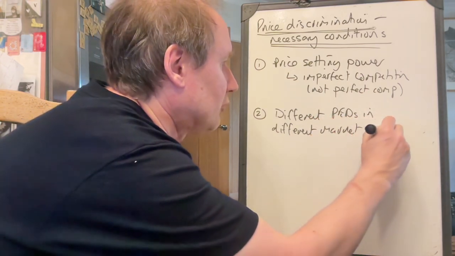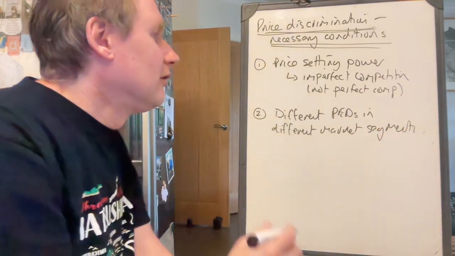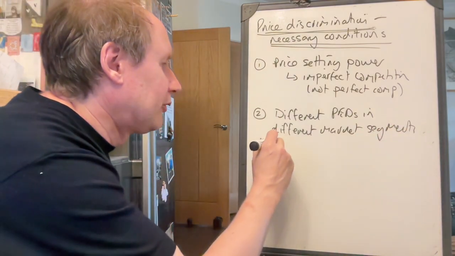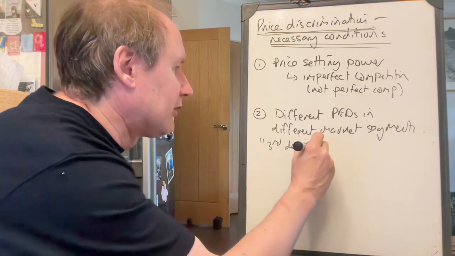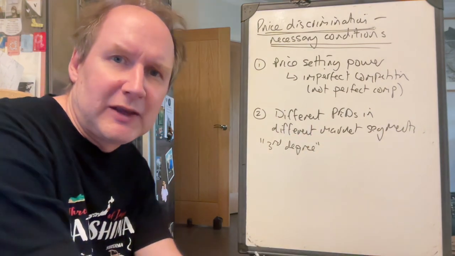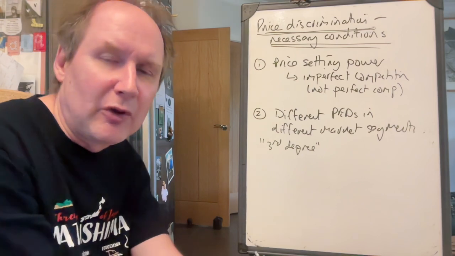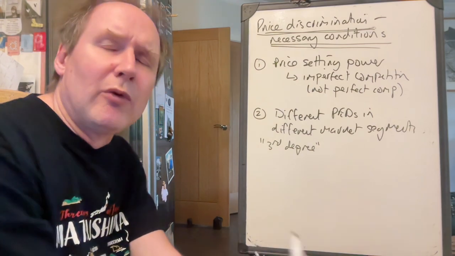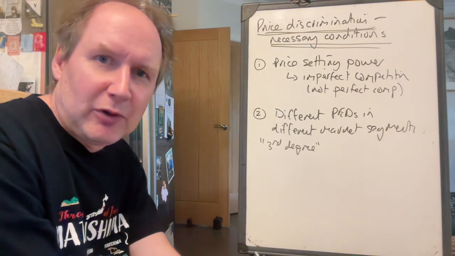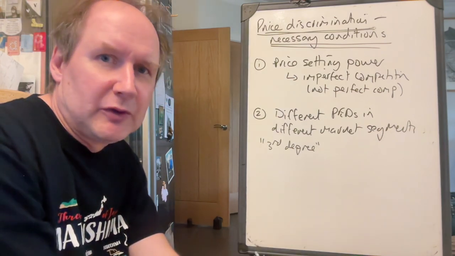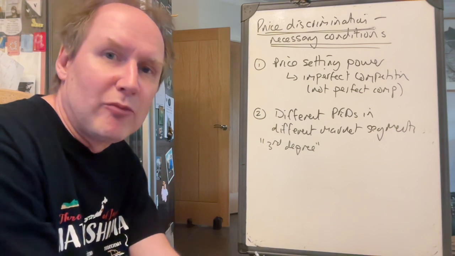This is what's sometimes called third degree price discrimination, which is the main one that's on your syllabus. But they're never going to ask you that term, in an exam. But what we've got to do is find a group of people, with some common feature that means they're prepared to pay either more or less.